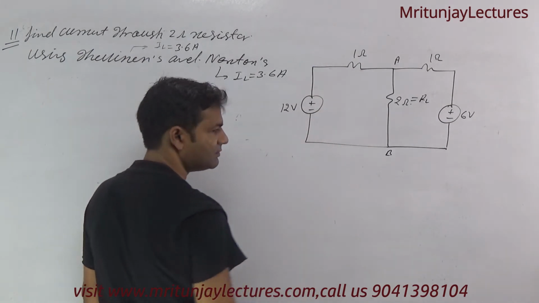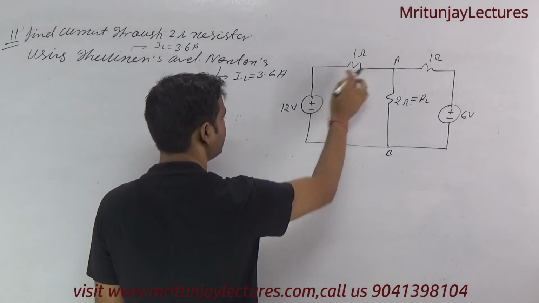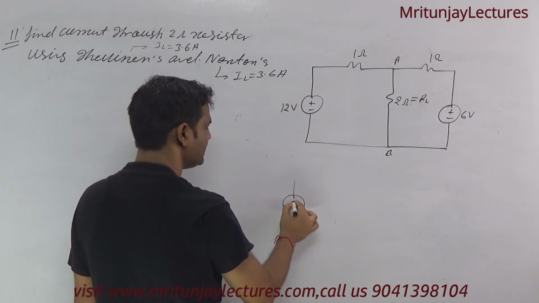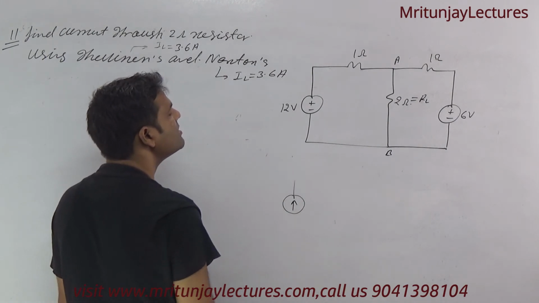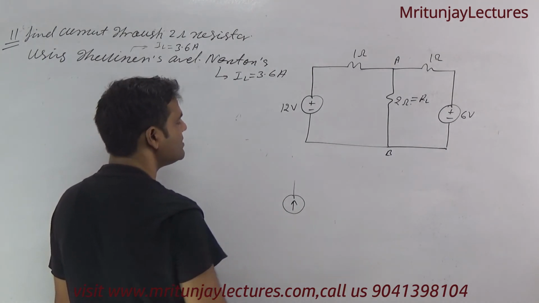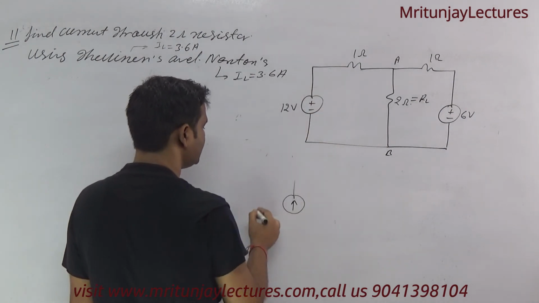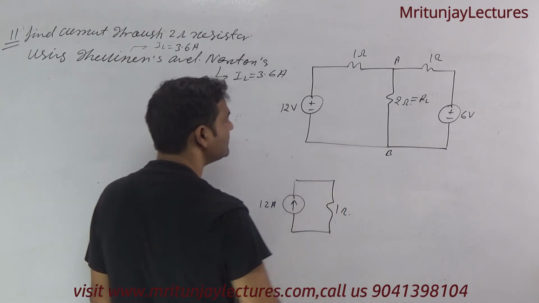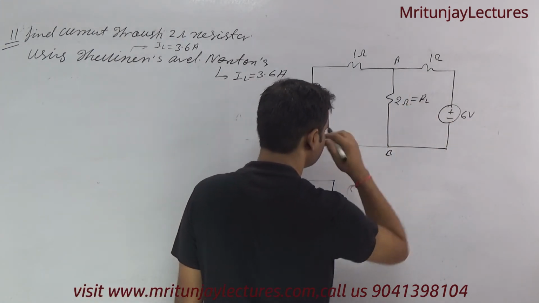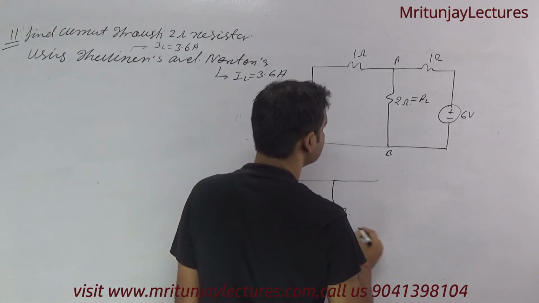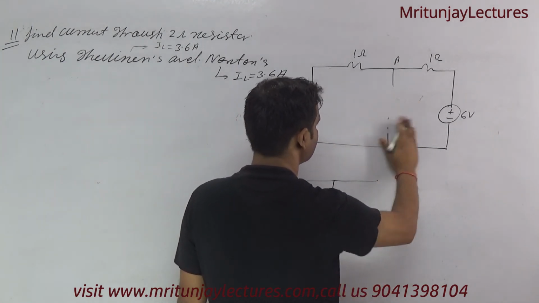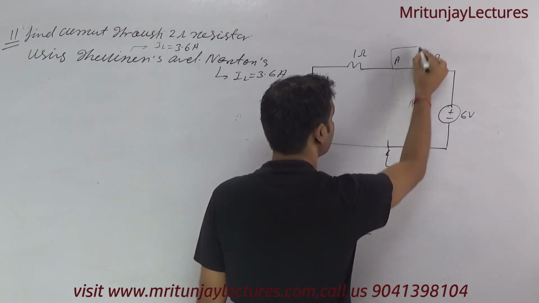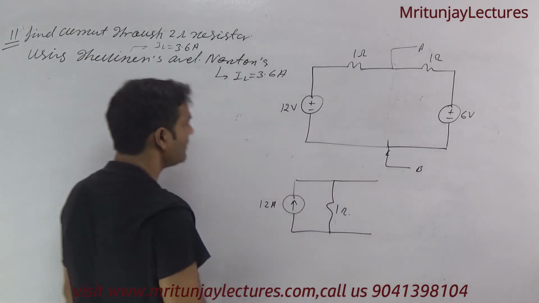This one and this one, I know that 12 and that is 1. If this is converted into a source with the help of source transformation, that is 12 by 1, that is 12 ampere, and whatever the resistance, 1 ohm. That is A and B. What about RL?